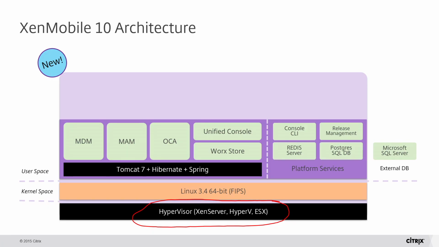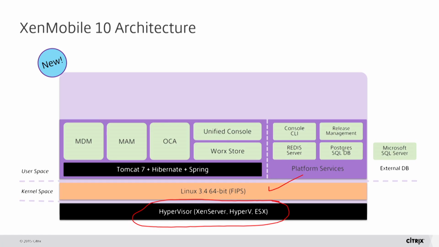And the other thing is that we have actually upgraded the Linux operating system on this system. It's a 3.4 custom kernel, obviously, to make sure that it's highly secure. It is FIPS compliant, and is also a 64-bit appliance, meaning that we can actually go beyond the 4 gigabytes limit that we used to have for the app controller system.